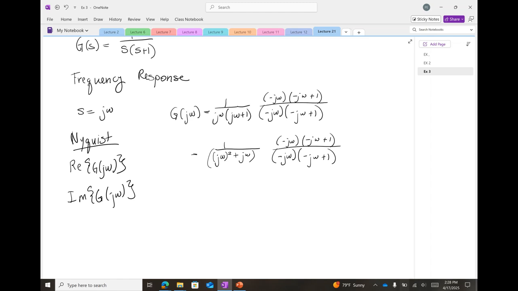Okay, so this is equal to 1 over j omega, and j squared again is minus 1. So we have minus omega squared. And if we multiply this on the top here, we get minus a minus times a minus is a plus, j squared omega squared minus j omega. Similarly on the bottom, so j squared omega squared minus j omega.